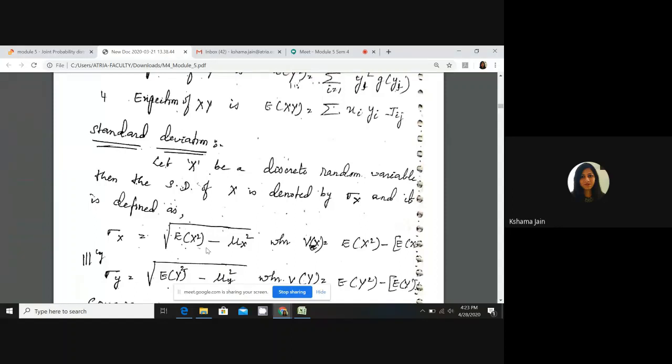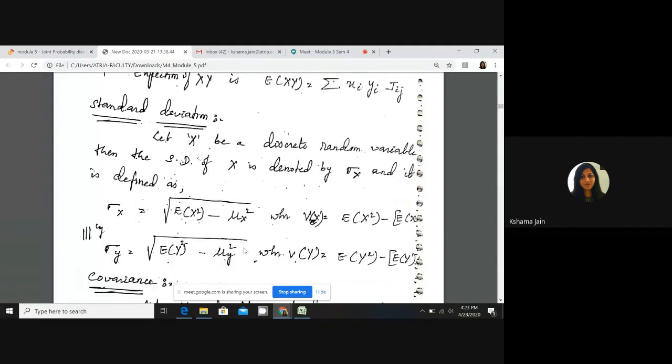E of x square is the expectation of x square, and E of x whole square is the square of the expectation of x. So mu x is nothing but E of x, and mu y is nothing but E of y.